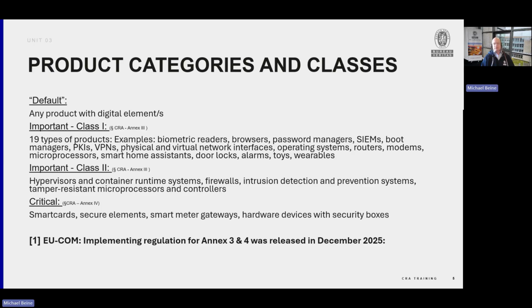And then we have critical, the highest class. It's for smart cards, secure elements, smart meter gateways, and hardware devices with security boxes. I think smart cards, secure elements, smart meter gateways, it's all very clear. Hardware devices with security boxes, I got the example of a payment terminal.